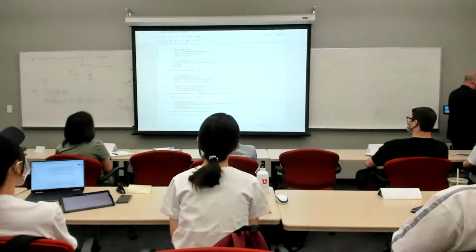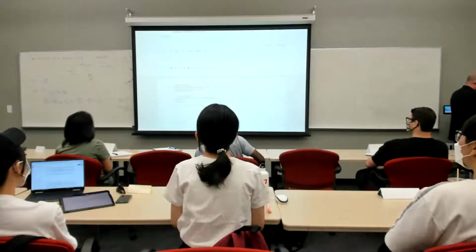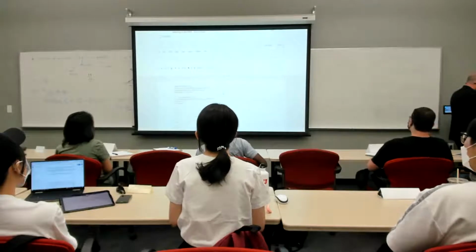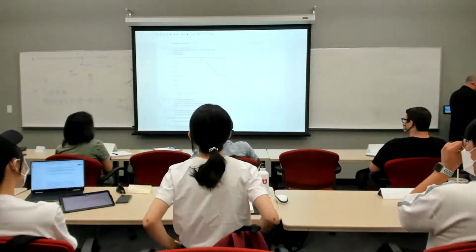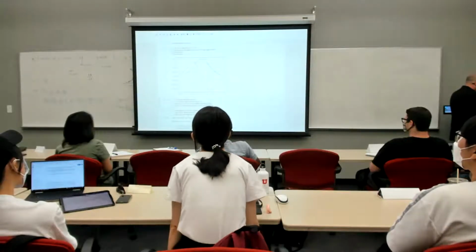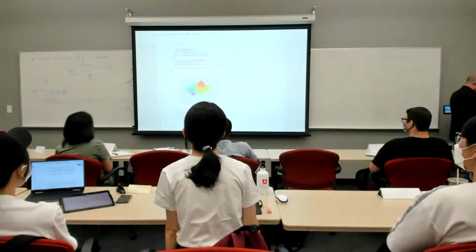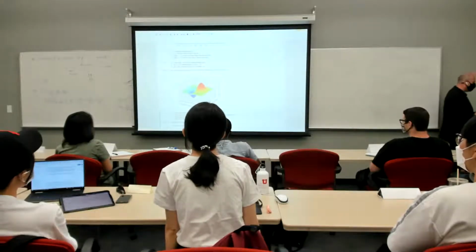Okay, this is a little Python code. So this is the curve that we just looked at, e to the minus x squared, and the derivative. But I want to go to the more exciting example. This is a two-dimensional function.